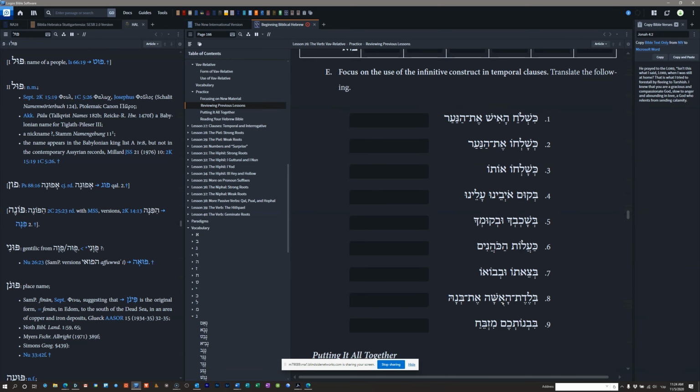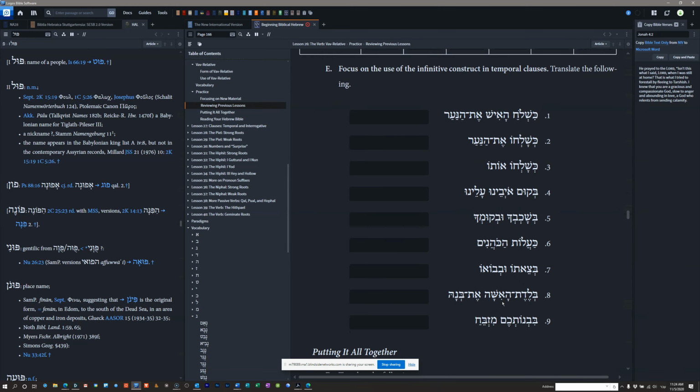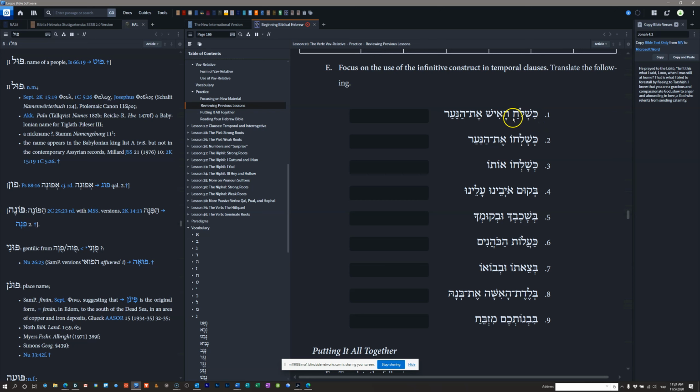Skip D, go to E. Am I right about that? Skip D, go to E. Yes, okay. So here we're just translating sentences with infinitive constructs forming temporal clauses. So here, kishloch, this would be shalach in the infinitive construct, to send, but obviously the kaf makes it contemporaneous.